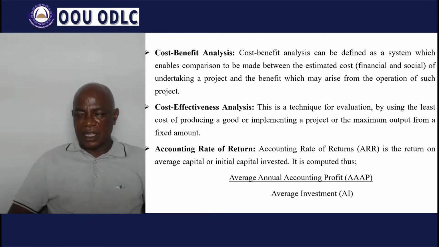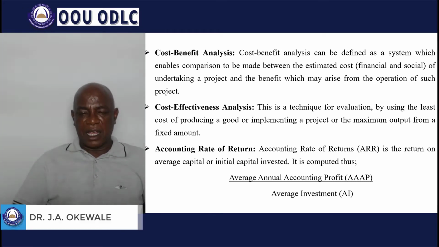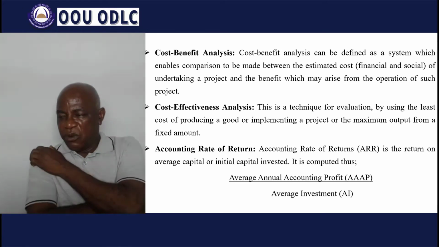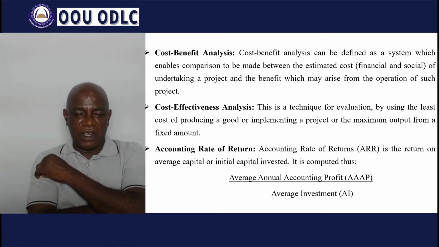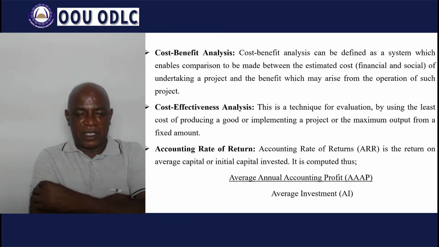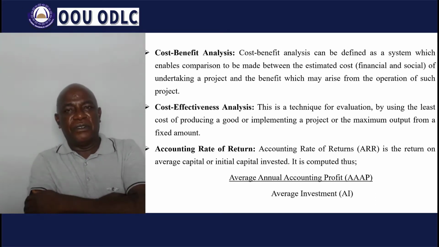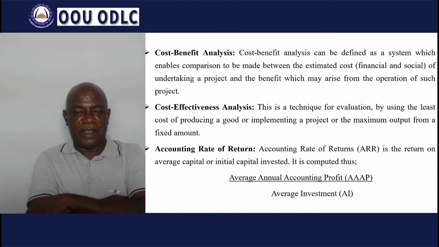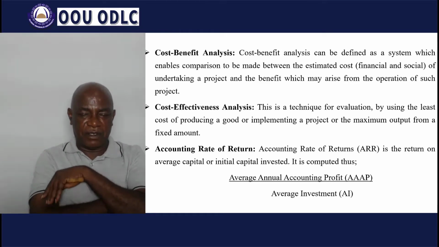It is defined as average annual accounting profits divided by average investments. We have two variables here: average annual accounting profits. If you take a year, for example, you have the profit for maybe year 1, year 2, year 3, year 4, year 5. The addition of that will give us the total profits for the 5 years in question.